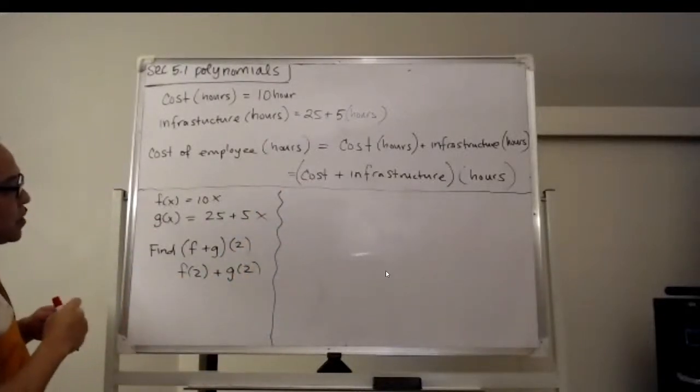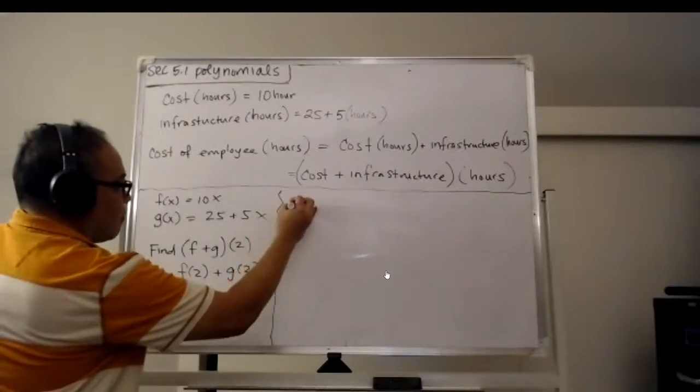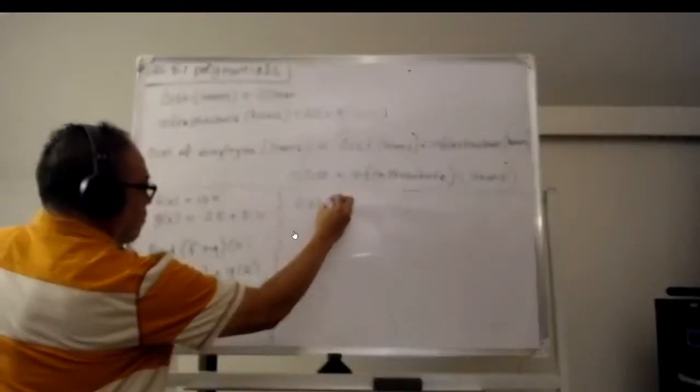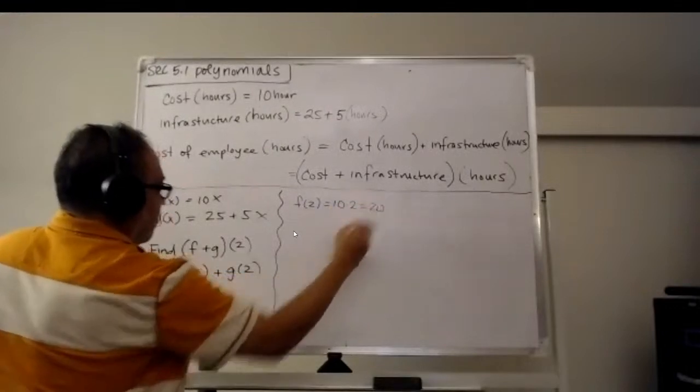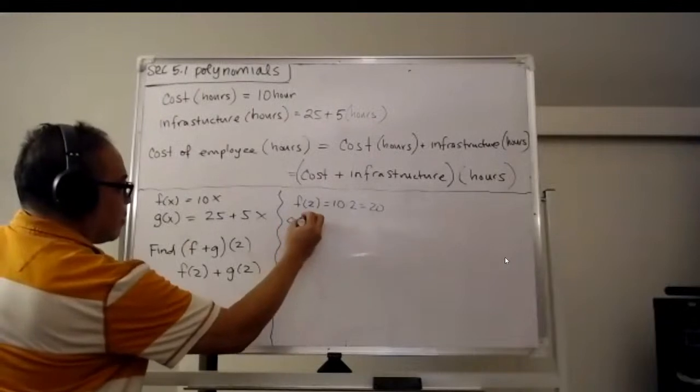So separately, you can figure out what f of 2 is, and you can figure out what g of 2 is.